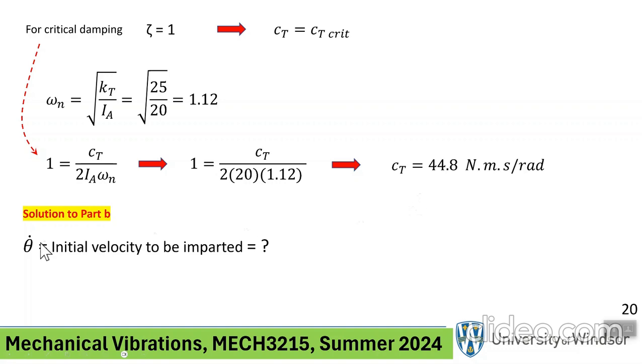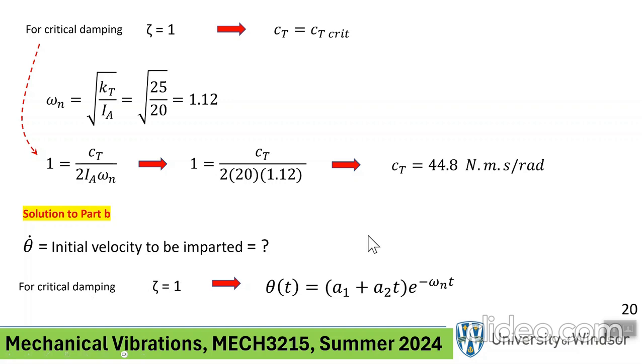So we don't know what this thing is. Okay, we don't know what this thing is, but we know that this is a critically damped system. Remember, we designed our torsional damper to satisfy this condition. And we know that the solution for a critically damped system is right here.